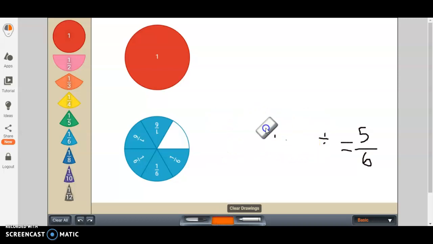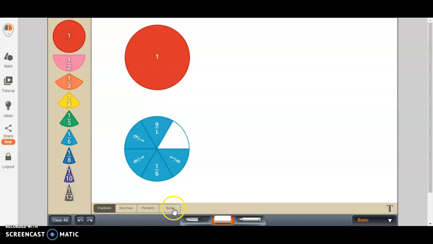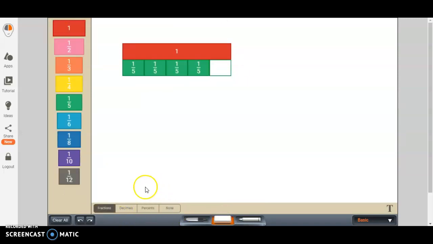So we're going to try to make this a little bit more challenging then. So if we go back, we think about this. What happens if I do something, say, like this? What do I have? Well, I still have fifths, right? That's still the pieces that I have, but now I have greater than a whole.